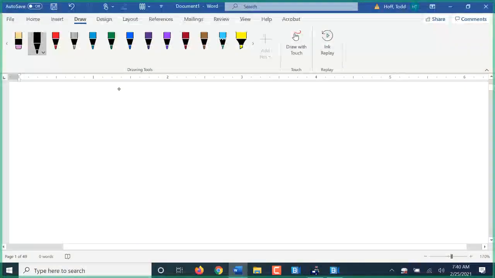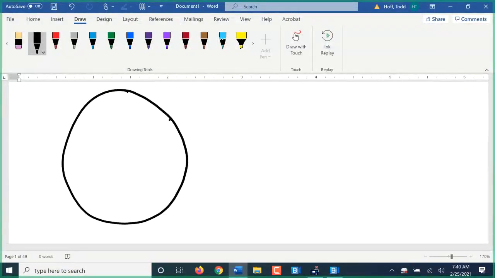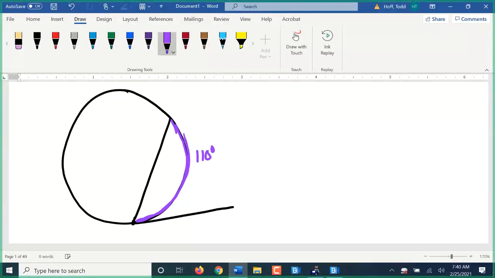And the final type of angle that we discussed earlier in the week was that tangent angle. So the vertex is still on the circle, but one side of the angle is a tangent. Well, this angle, believe it or not, stays the same no matter where that vertex is on the circle, as long as it intercepts the same arc. So let's say that this arc right here is 110 degrees.